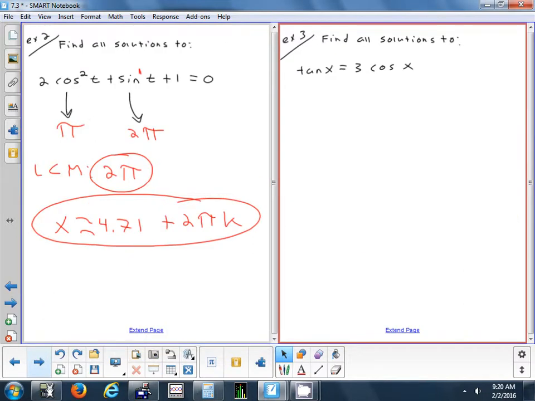All right, let's try this one. Okay, this one I'd like to solve just like we did the last one. But in order to do that, what do I have to do first? Yeah, we could either subtract tan x and put that on the right, or subtract 3 cosine x and put it on the left. It doesn't matter how we do it.